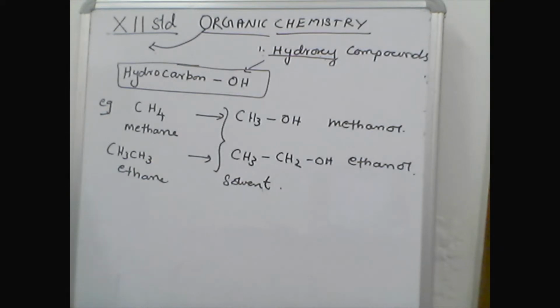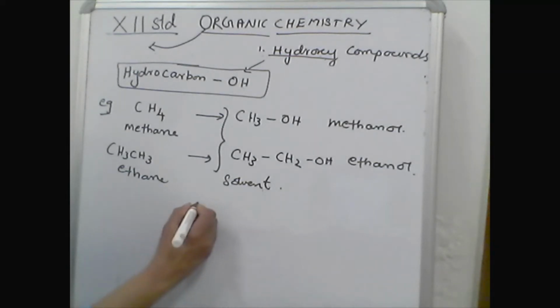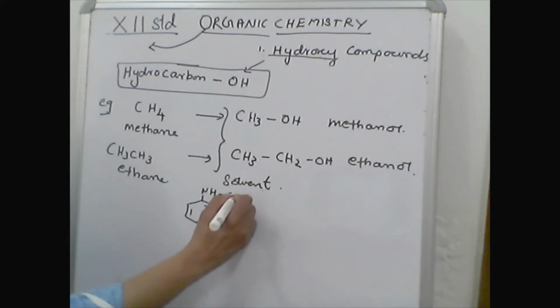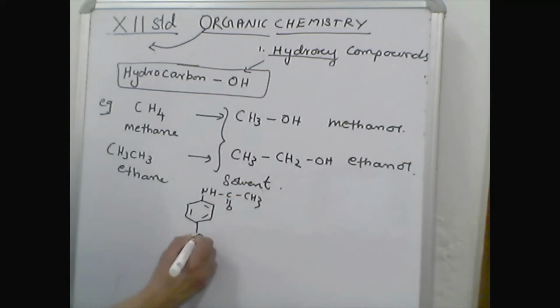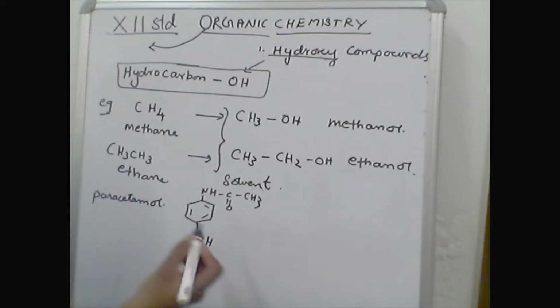Another very famous example is paracetamol, with NH, C double bond O, CH3, and this OH. This is a hydroxy based compound. We know how important paracetamol is. Paracetamol is a painkiller and we use it for fever.